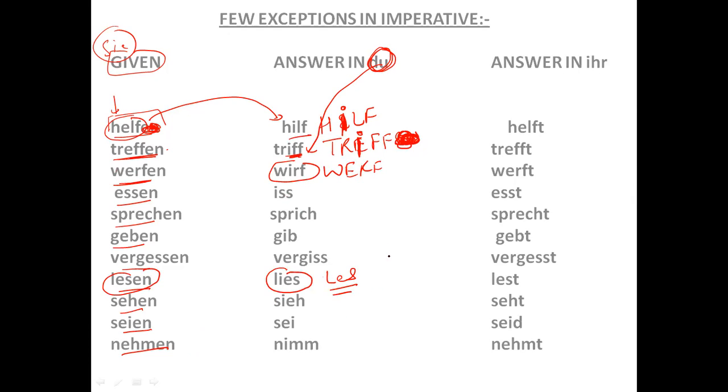So you need to keep in mind why. See, if you remember irregular verbs, in our previous classes we have done irregular verbs. If I talk about verbs, there are two types of verbs: one is regular verbs, another is irregular verbs. Although some verbs are known as modal verbs, some verbs are known as separable verbs, but I'm talking about irregular verbs.